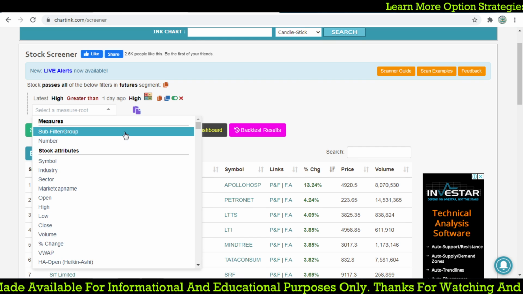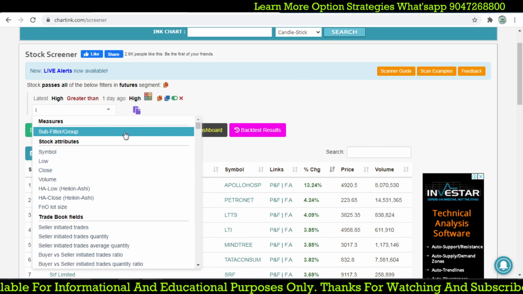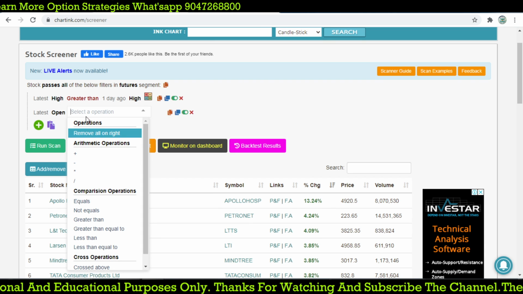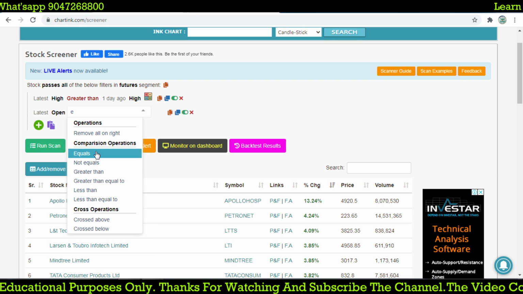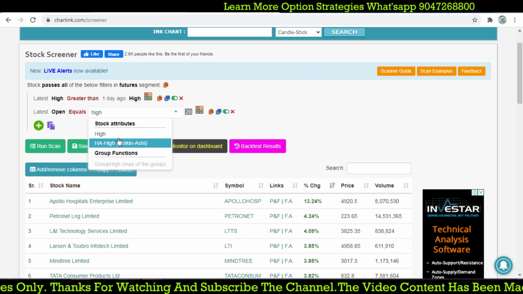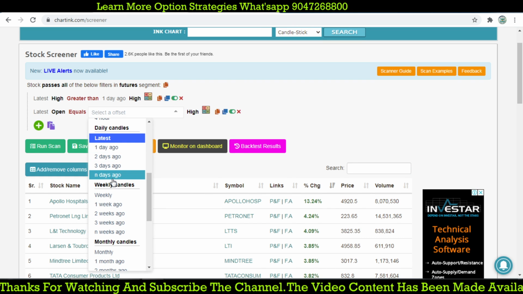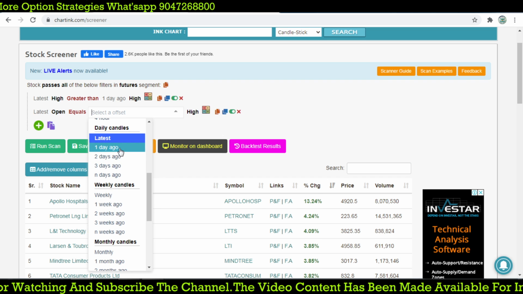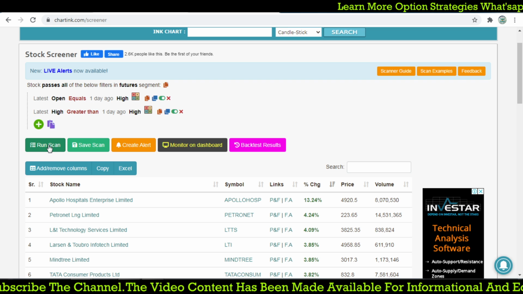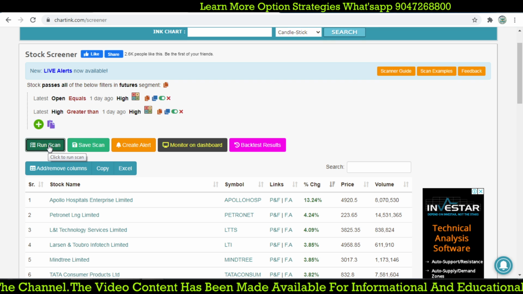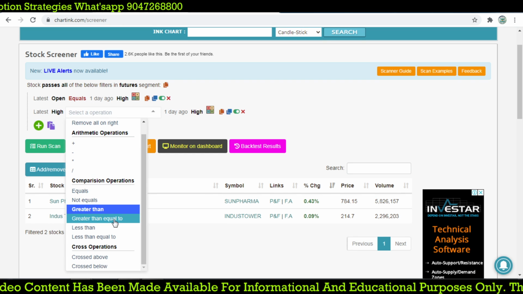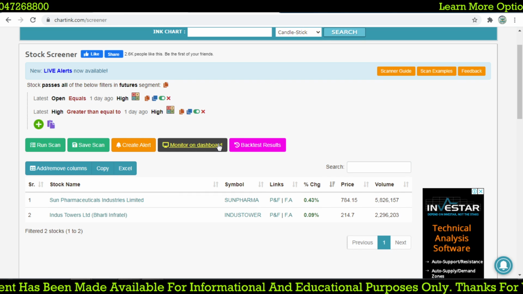So the second condition is that the latest open is greater than or equal to the 1 day ago high price. Let's run the scanner.